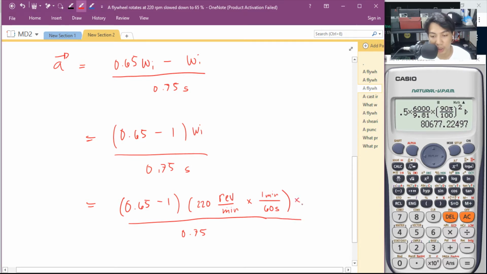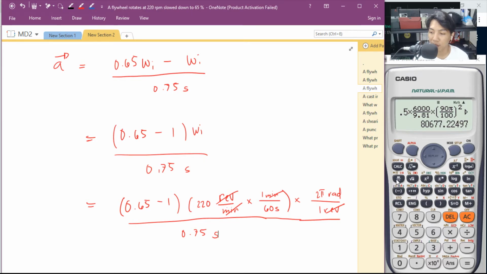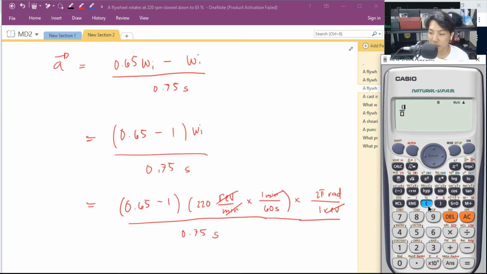Okay, convert pa rin natin. You have 2 pi radian in 1 revolution. Cancel natin yung same units. So, radian per second squared nga ang lumabas. So, 0.65 minus 1, that is 0.35, negative. 220 divided by 60 times 2 shift pi.